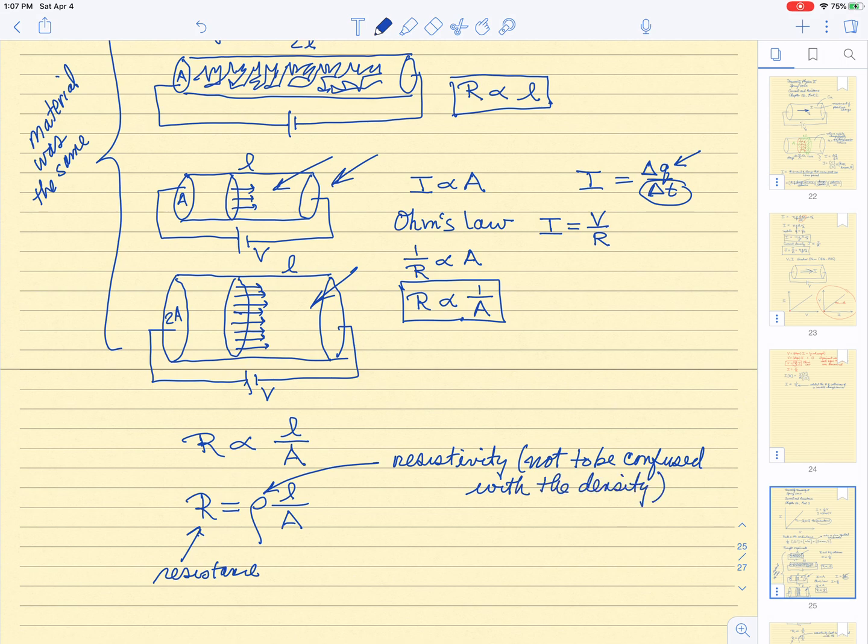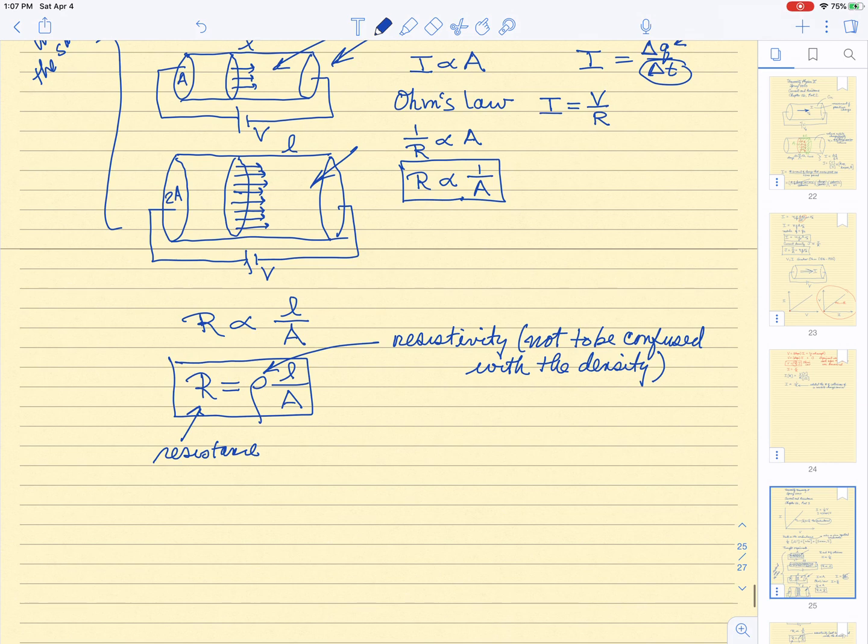Only so many letters to go around, both in Greek letters and in, I guess, they're Aramaic letters, but someone can correct me on that. So the resistance then is equal to the resistivity times the length divided by the area, okay?